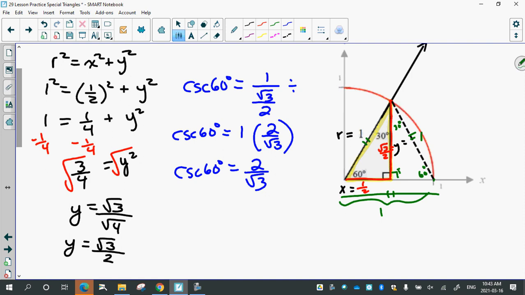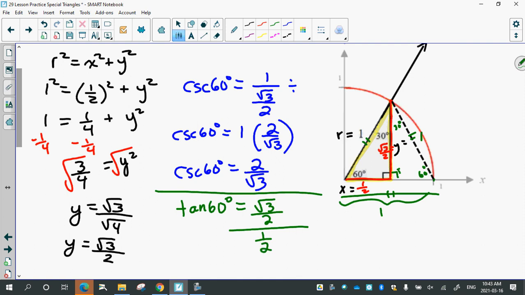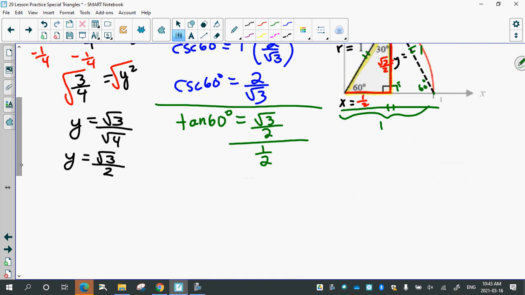Tan's always a good one to try. So the tan of 60 degrees is the y value divided by the x value. Divide by fractions, multiply by the reciprocal.